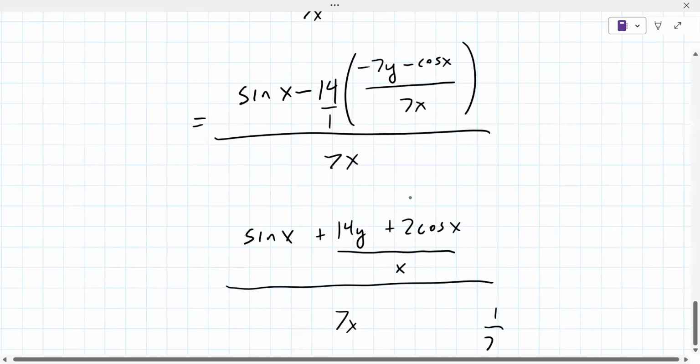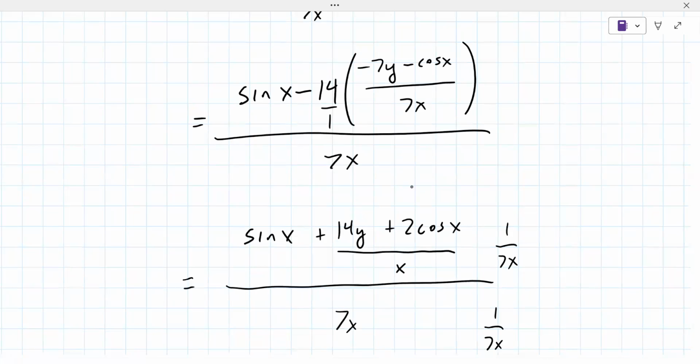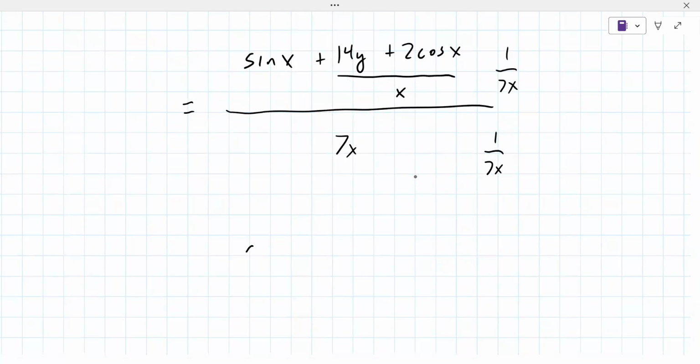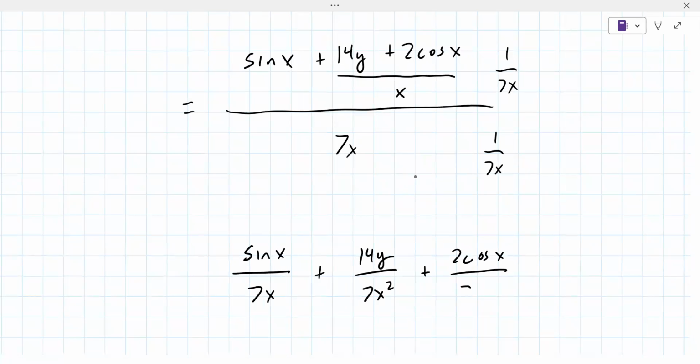So you multiply by 1 over 7x, top and bottom. All this is just algebra, just manipulation of the equation. So it's sine x over 7x plus 14y over 7x squared plus 2 cosine x over 7x squared.